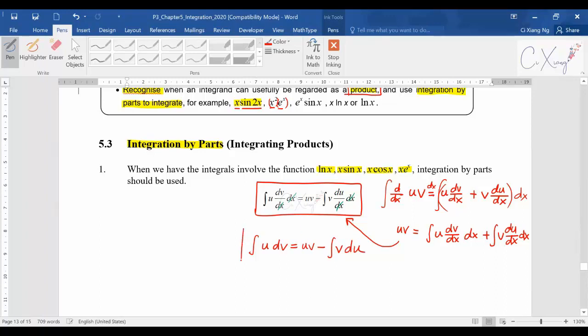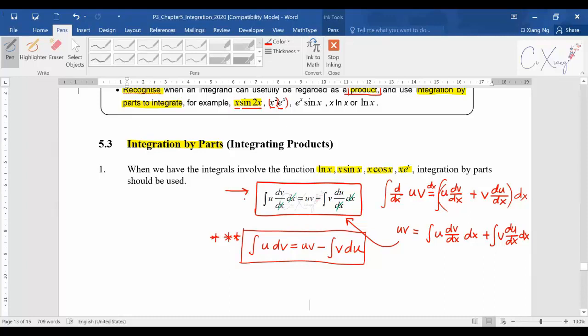These two equations are actually the same, just that I cancel off the dx and dx together so that it looks easier, and for me it is easier to memorize. But actually these two equations are the same. So I will focus on our discussion by using this formula, but the one provided in the formula booklet is this.